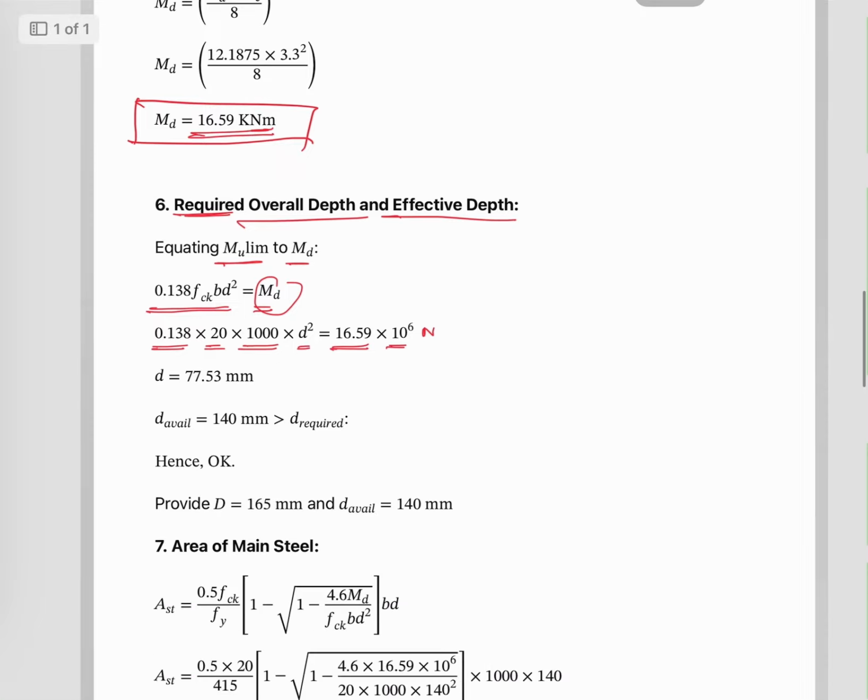Now if you put this in the calculator, it's very simple guys: bring the other data below in the division and take the square root of this. You will get the value of effective depth as 77.53. That's very simple.